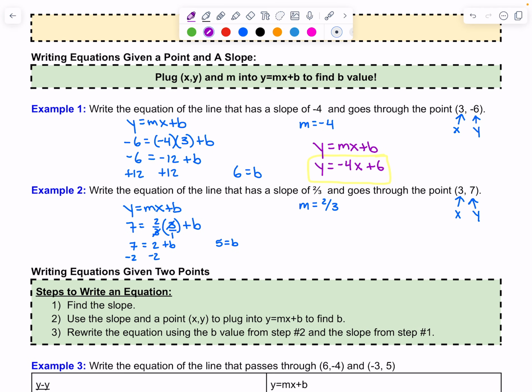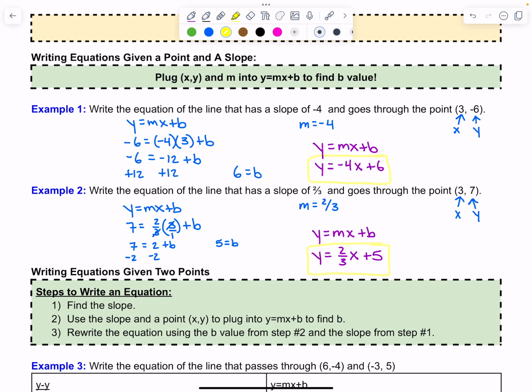And then once again, we have everything we need, so we're just going to write it out in slope-intercept form. So y would equal our slope, which is 2/3, and I'm going to write that straight up and down. So 2/3 x plus 5. And that's it.